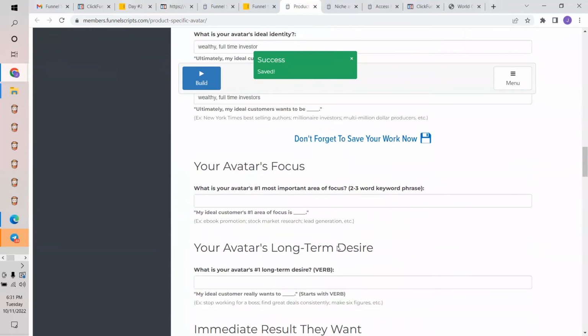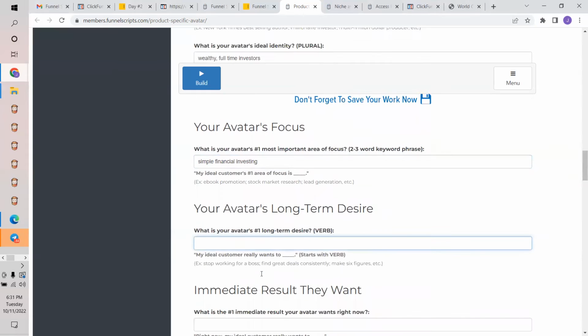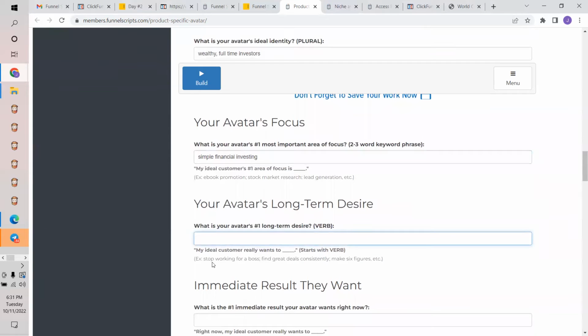Okay, so my avatar's focus. What is your avatar's number one most important area of focus? Two to three keyword phrases. My area of focus is simple financial investing. Avatar's long-term desire: my ideal customer really wants to enjoy life to their fullest extent.